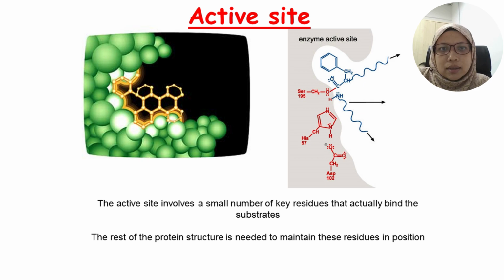Okay, and then the rest of the protein structure, since it is in a 3D form, so betul-betul dekat yang akan bind with the substrate at this area lah, the area of active site. So the other protein or amino acid yang bind with this active site ataupun link with this active site, just to maintain the punya 3D position lah.